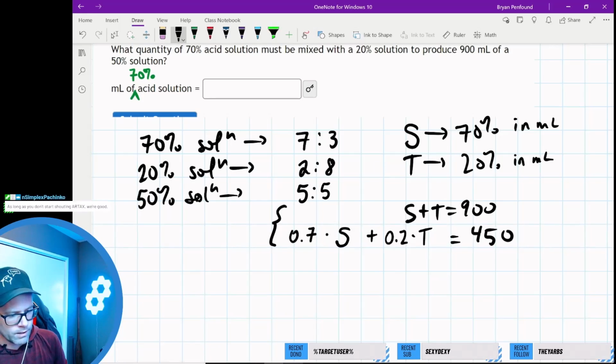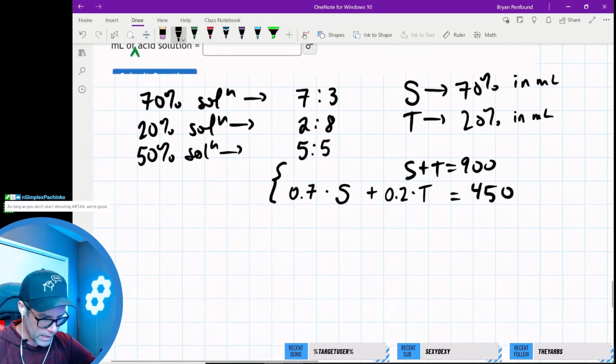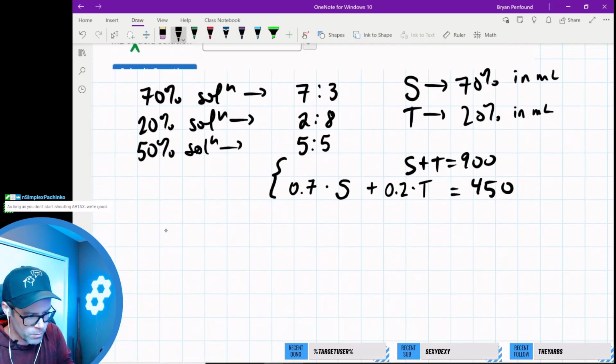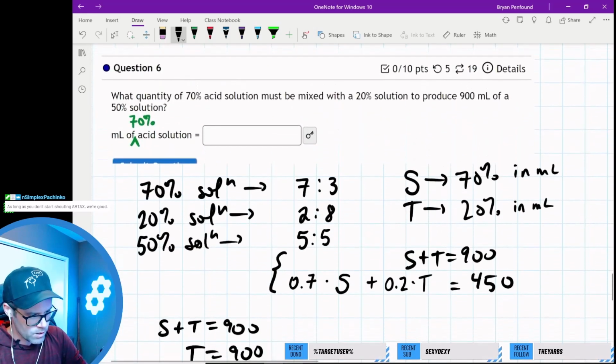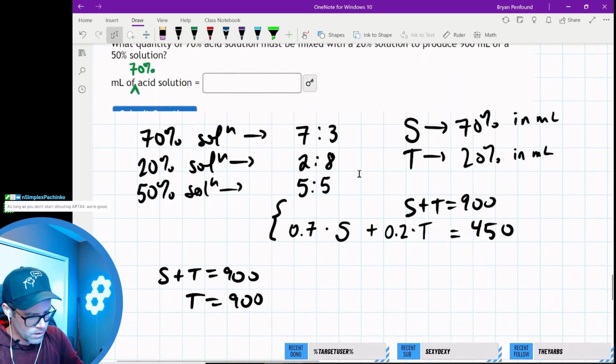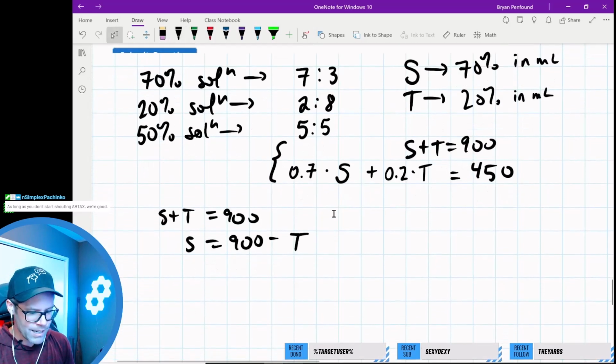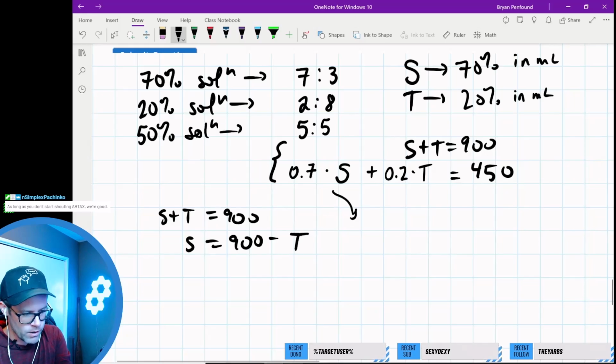And then we can probably do substitution again, right? We can probably take equation number 1, which is S plus T is 900. Which one do I actually want to solve for? I actually want to solve for the 70% solution, so why don't we solve for S? And we'll say that that is 900 minus T. And then we'll bring our secondary equation down.